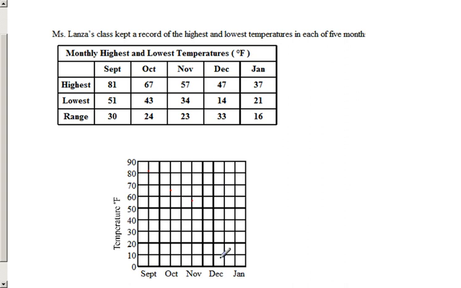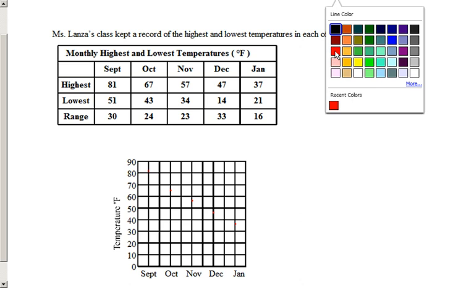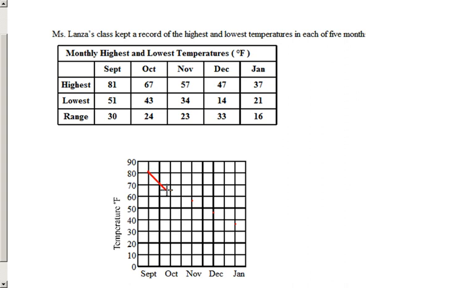In December, 47, and in January, 37. Once I've plotted my points, I'm going to need to make a line. And this looks like a good line. I think I'm going to have it be red again so I can connect the points. So I'm just going to connect the dots from September to October, from October to November, November to December, and my last point.